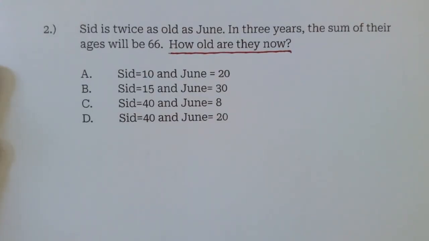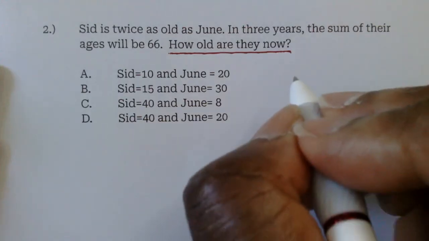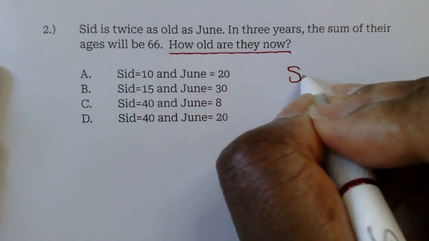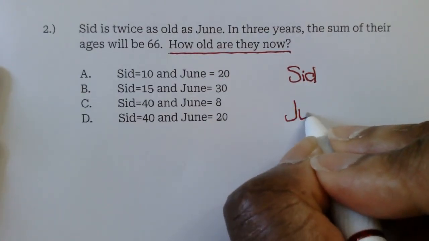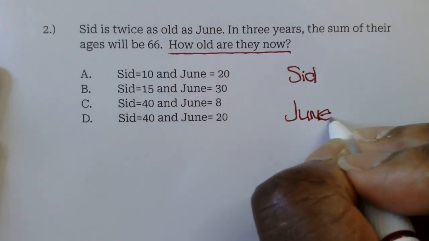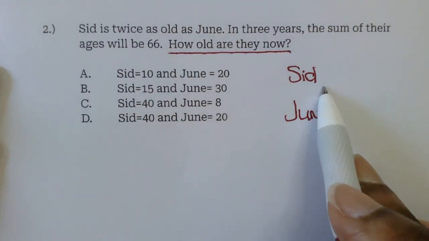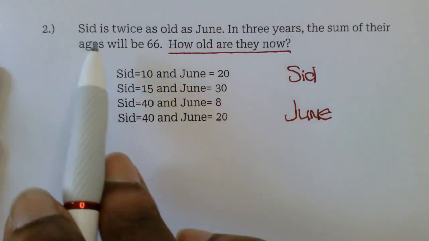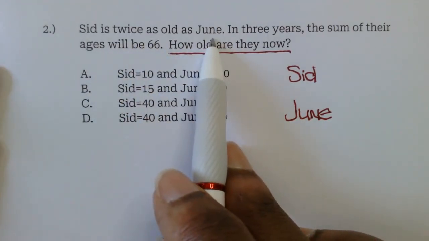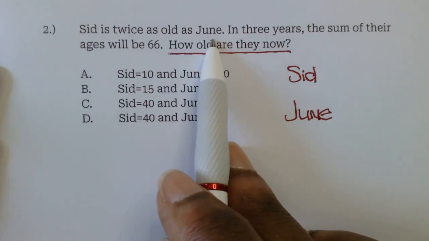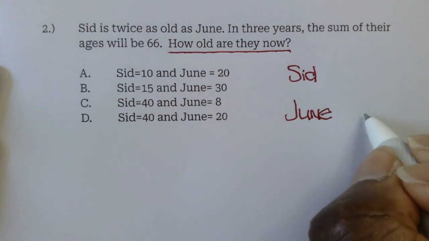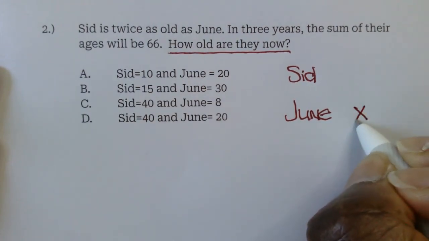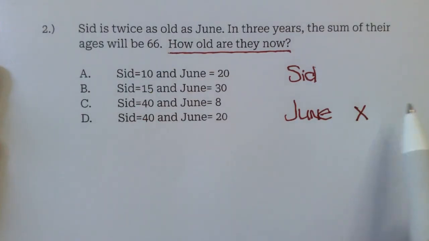They're giving me a couple of hints. There are two people, Sid and June. What we know about Sid is that he's twice as old as June, but we don't know anything about June. So June is going to carry the variable. Since we don't know anything about June, we're going to say June is x.